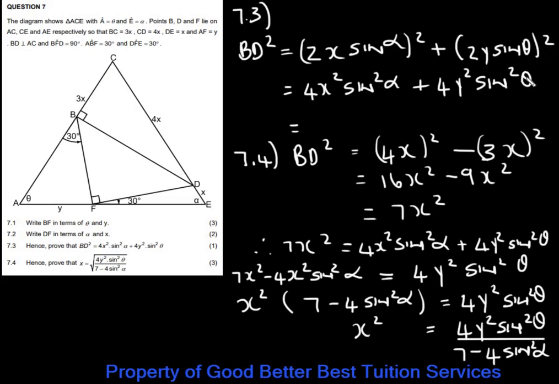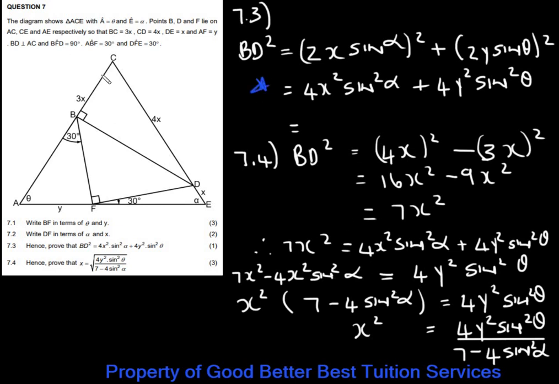sine squared alpha. But in 7.4, they ask you to prove that x is equal to the square root of 4y squared sine squared theta divided by 7 minus 4 sine squared alpha. Now, what you see here is a value that you have for BD squared.